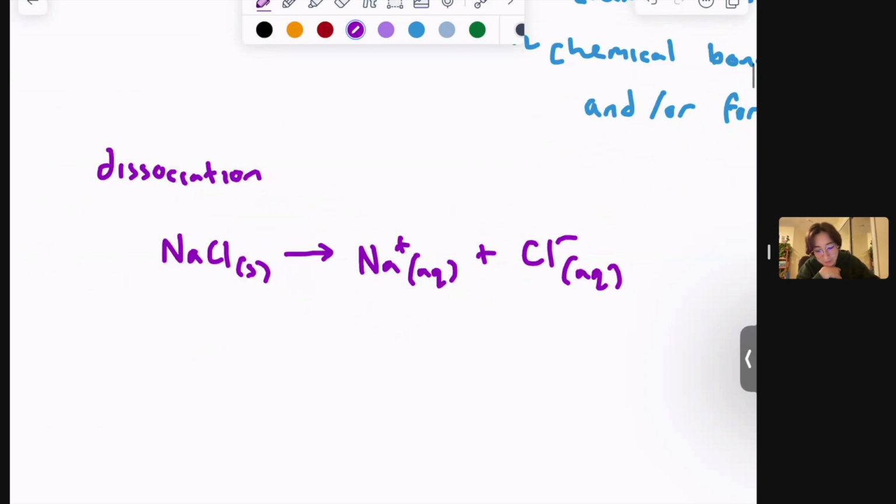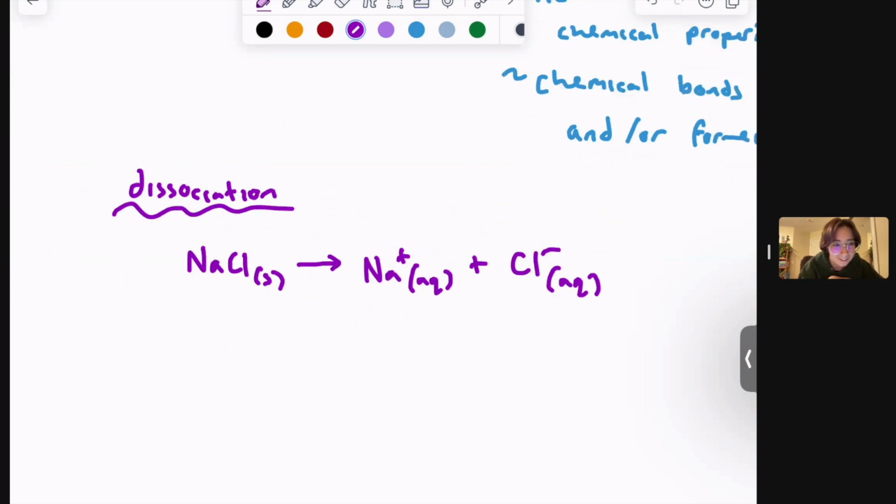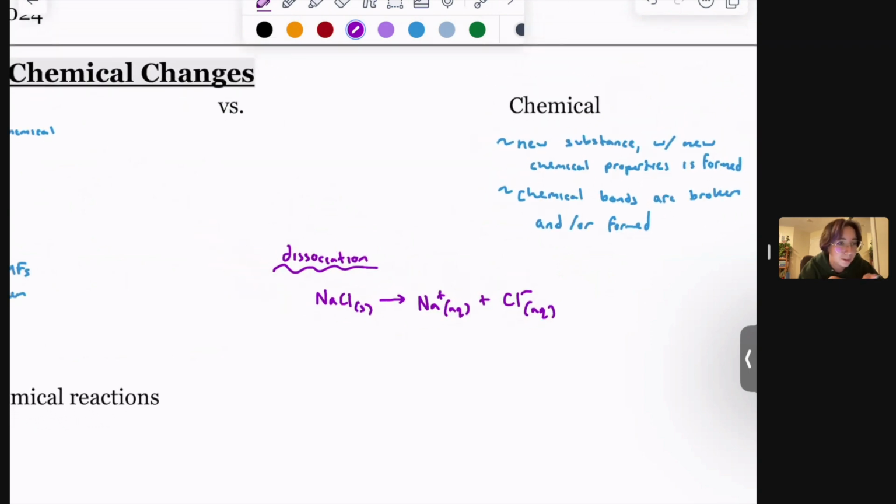Just to clarify, this is a hotly debated subject, whether this is a chemical change or a physical change. Personally, I'm club physical change. But it's kind of a middle ground.